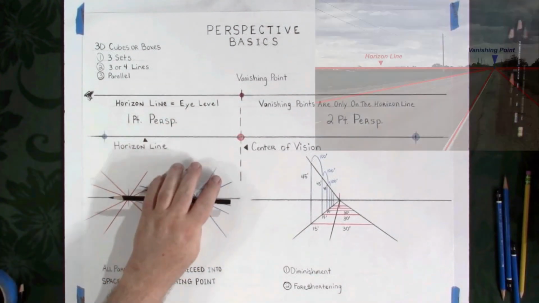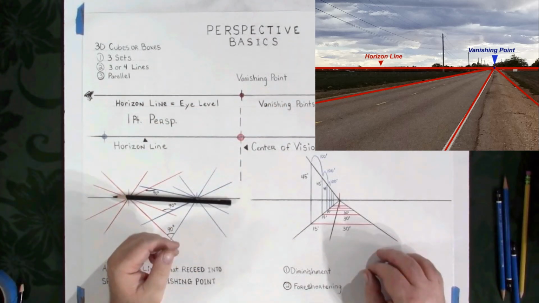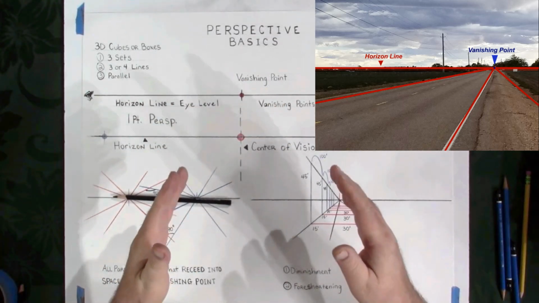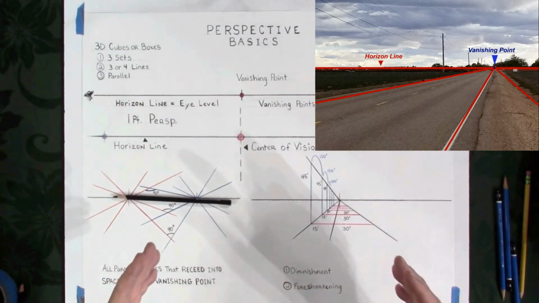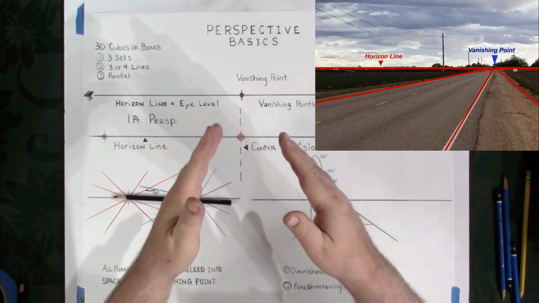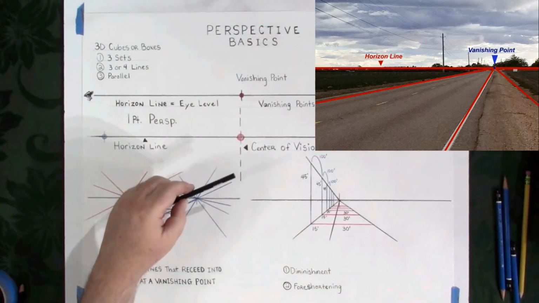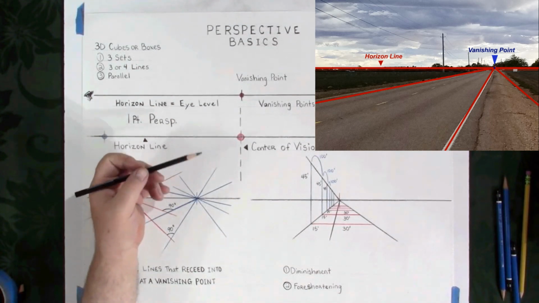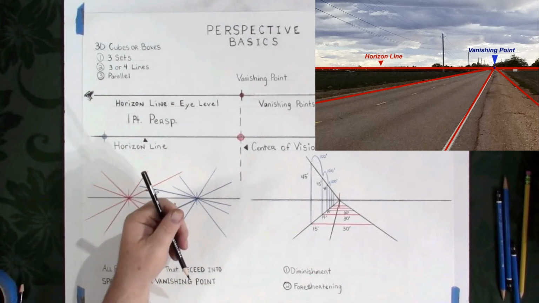So if you've ever looked down a long stretch of highway, and you can see for 10, 20 miles, you'll see the highway getting smaller and smaller until it appears to disappear in the distance at a point. And that point is on the horizon line. And that's called a vanishing point.